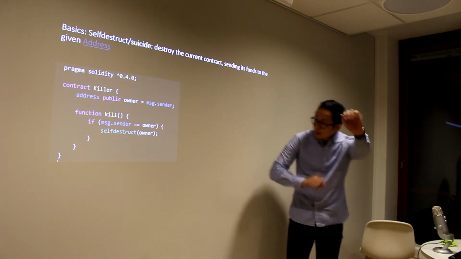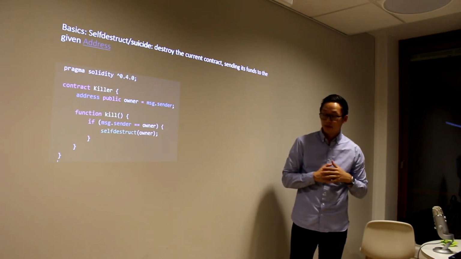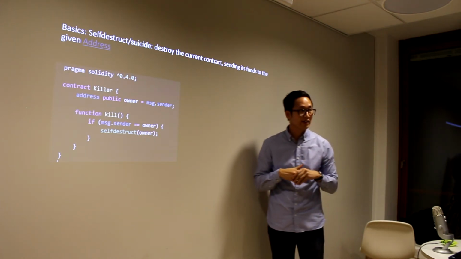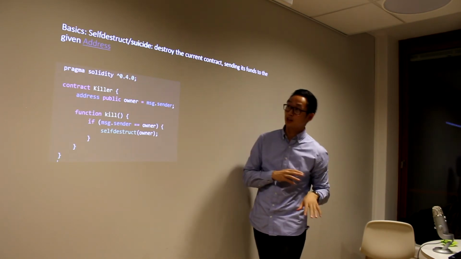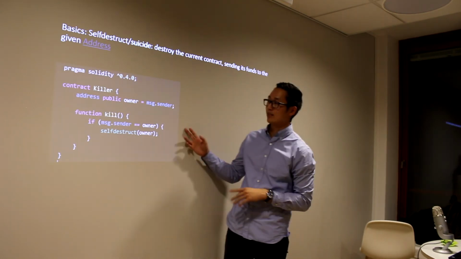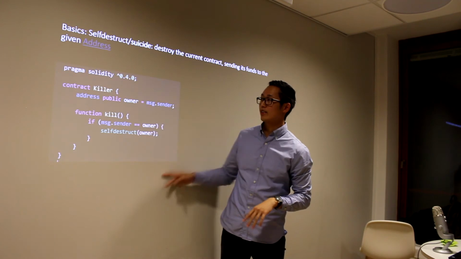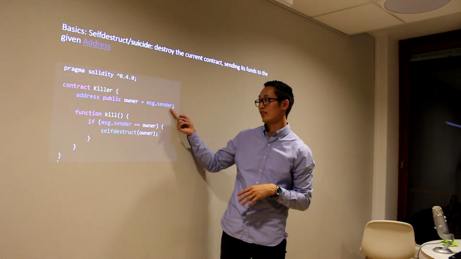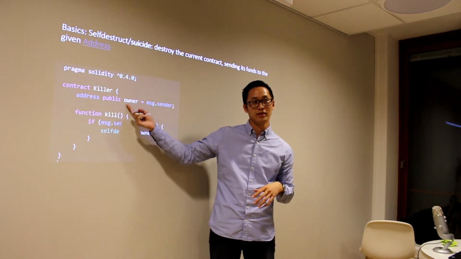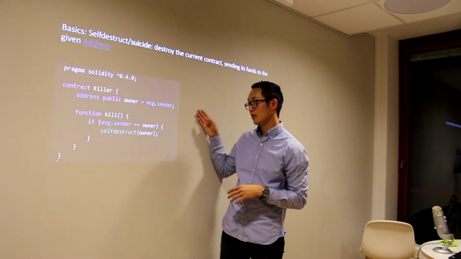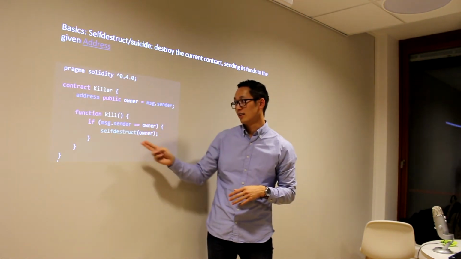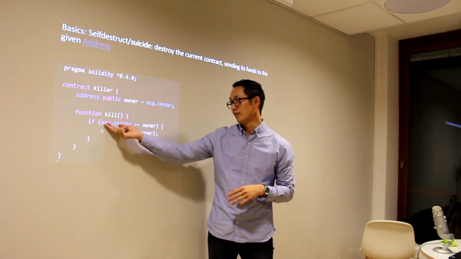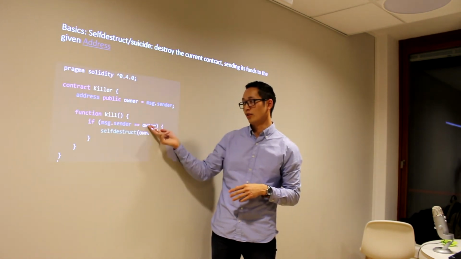Then I mentioned that someone asked how to self-destruct a contract from the previous workshop, and this is how you do it. When this contract is created, message.sender, the one who created the contract, will be the owner. And if someone calls this kill, you will check that the sender is actually the owner.